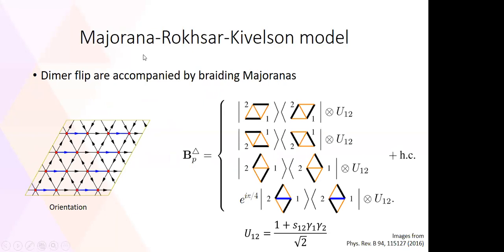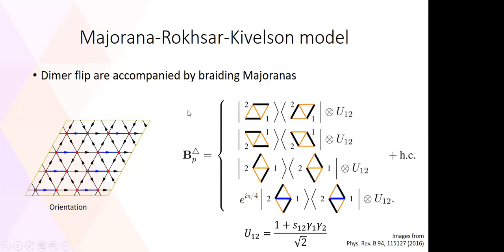Now that we wrote down the Hilbert space, we can look at the Rokhsar-Kivelson model with this Majorana attachment, and we have the potential term that just counts how many flippable plaquettes you have.